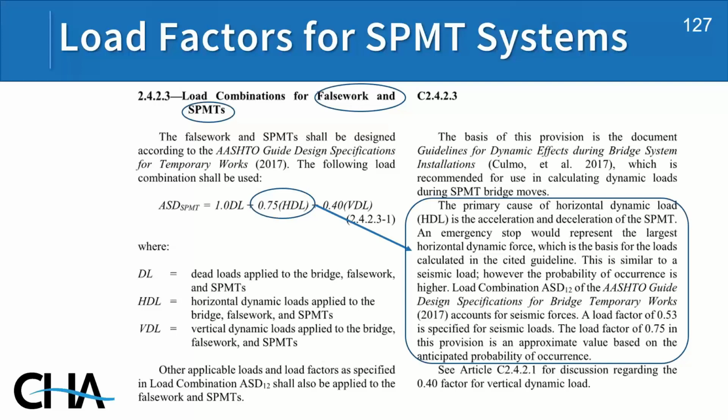So 1.0 is too conservative. 0.53 is too liberal. We picked the number in the middle of 0.75 as a recommended load factor to take an ultimate horizontal dynamic load and bring it into the world of allowable stress design. So that was a recommendation that's included in the NCHRP guidelines and in the guide specifications.